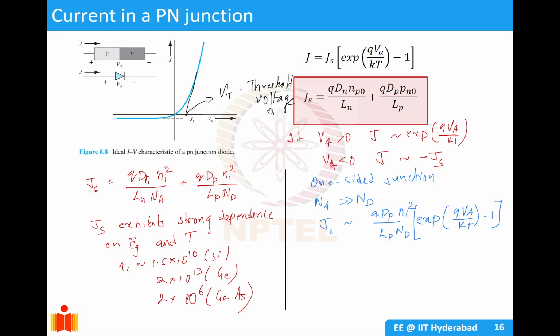This is called threshold voltage, also known as knee voltage. So our knee voltage is the value at which our PN junction starts conducting. Below knee voltage or threshold voltage, the current value is negligible. After that, it becomes significant.